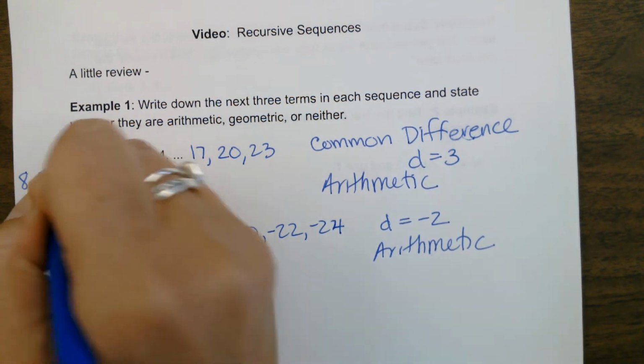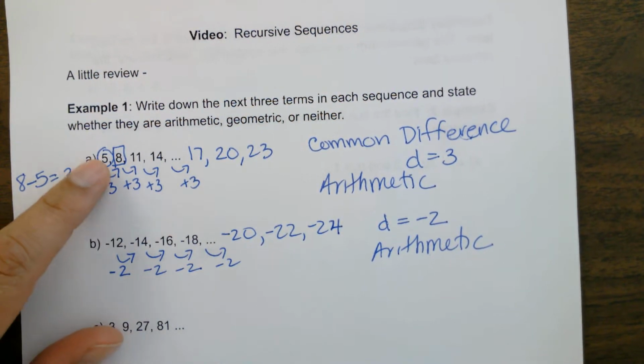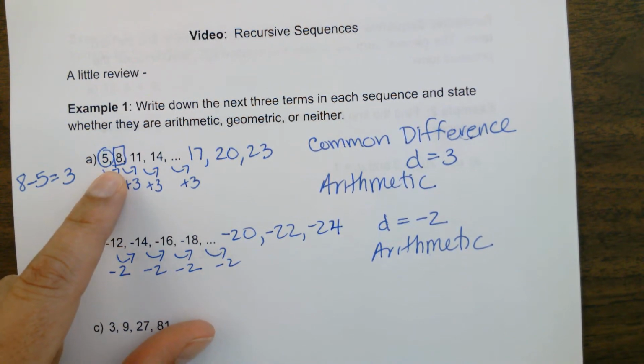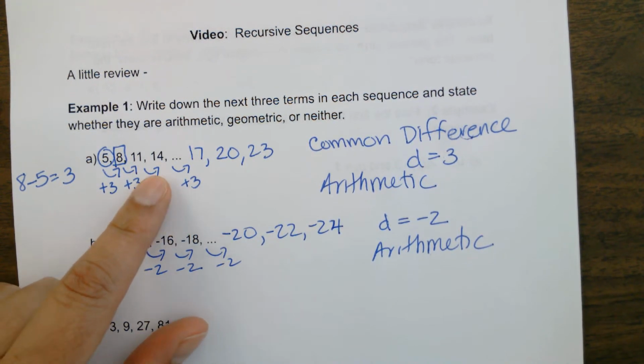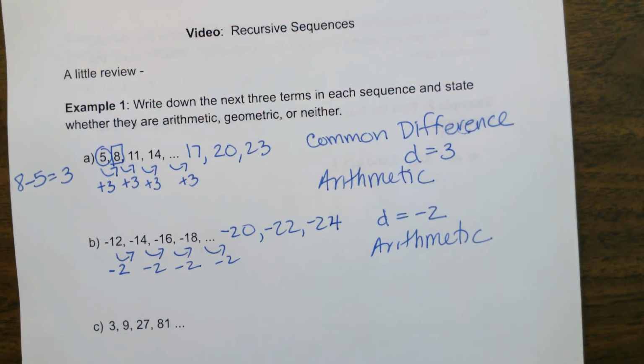And that gives us a positive 3. And then you can try, well, what happens if I add 5 and 3, I get 8. If I add 3, do I get 11? Yes. If I add 3, do I get 14? Yes. So you can always try that little hint.